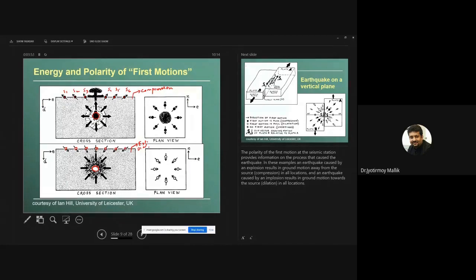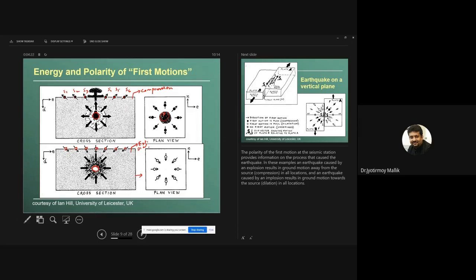Now if I look at this from a plan view, as if there is this focus, and there is all sorts of compressional first motion at the seismometers in 360 degrees. And this is the representation of the same in the plan view for a dilational movement.